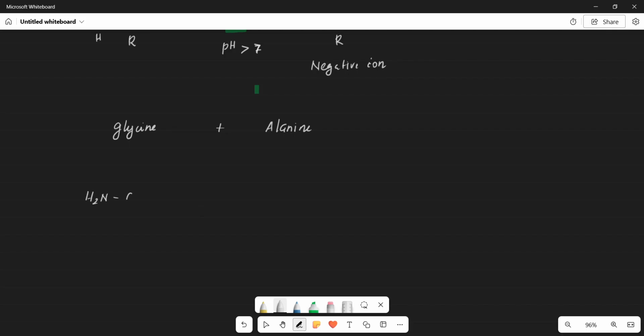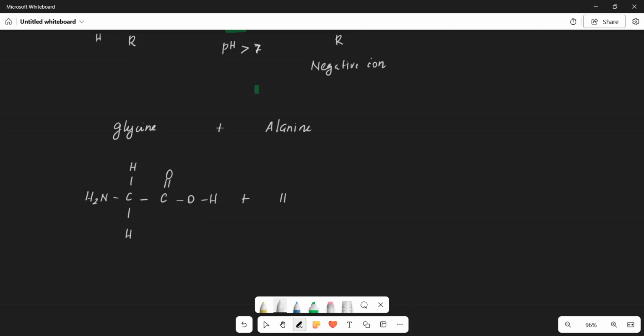So the glycine looks like this, NH2 CH2 COOH. I'll write it like this. Always the first amino acid which is reacting has to be written like this: the carboxylic acid group on the right side, amino group on the left side.